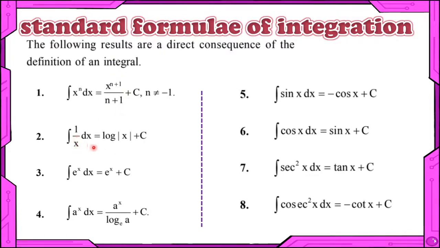The integral of 1/x dx is log x, and the differentiation of log x was 1/x, so they are inverses of each other. Then sin x gives minus cos x, cos x gives sin x, sec^2 x gives tan x, cosec^2 x gives minus cot x, but everywhere we will have plus c.